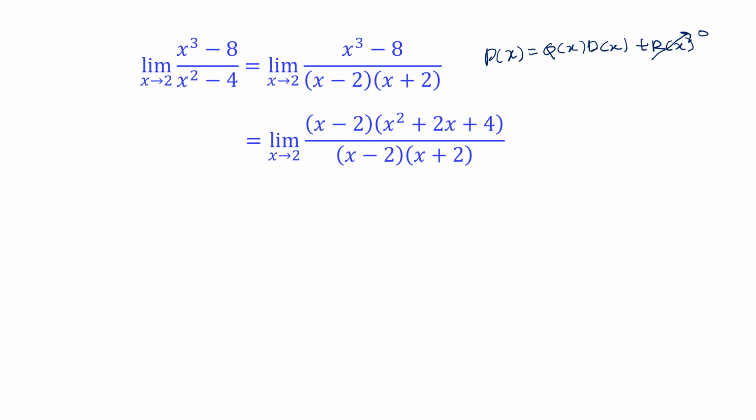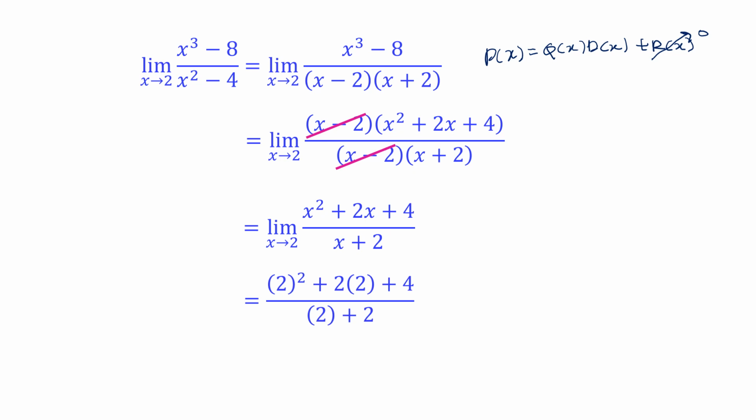So we can see that we can cancel out x minus 2 and we have the limit as x approaches 2 of (x squared plus 2x plus 4) over (x plus 2). And once again, we use direct substitution to evaluate the limit, where we just substitute x equal to 2 and we get 3.